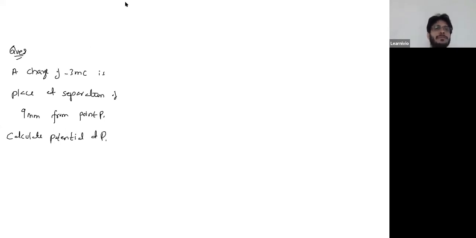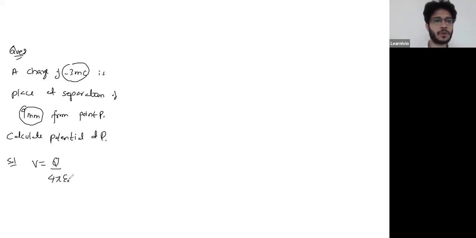Solve it. The expression of potential for the point charge is Q by 4 pi epsilon naught r. The value of Q is minus 3 millicoulomb, which is minus 3 into 10 raised to the power minus 3 coulomb. The separation is 9 mm, which is 9 into 10 raised to the power minus 3 meter.